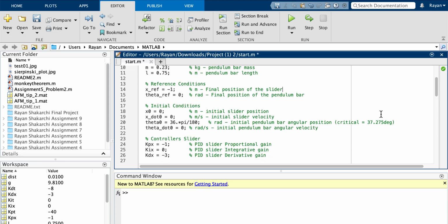As we can see, following through that, we have more initial conditions. One thing to note is on our theta 0 angle, here I've set an upward critical angle of 37.275 degrees.